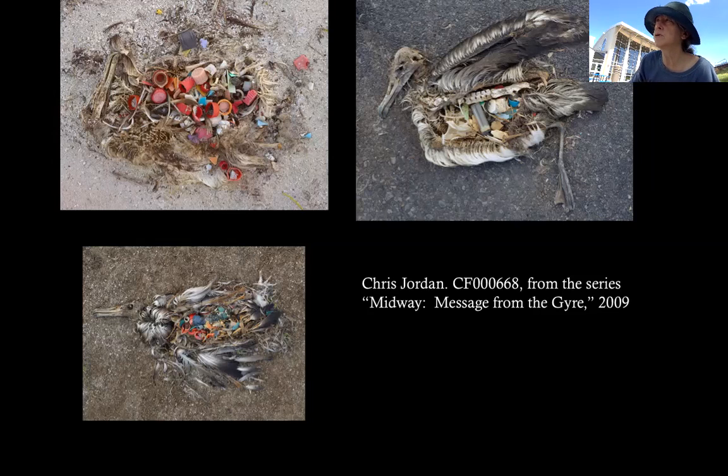There's a few things left over from World War II there, but mainly these albatross birds, these huge birds with a wingspan of like, I don't know, 10 feet or something. The albatross raise their chicks on this Midway island. They go out every day to forage for their chicks by scooping up fish and things from the Pacific Ocean to bring back and regurgitate and feed to their chicks.